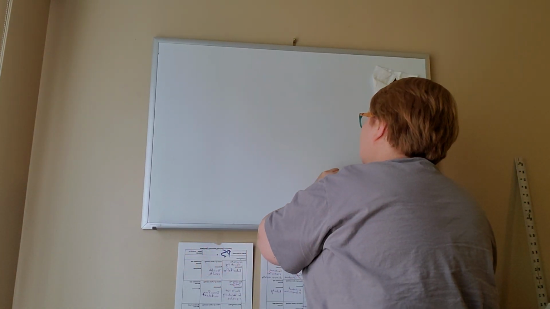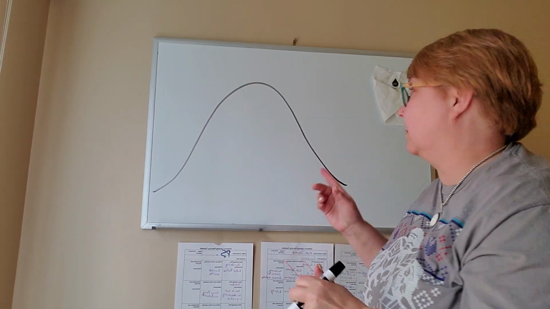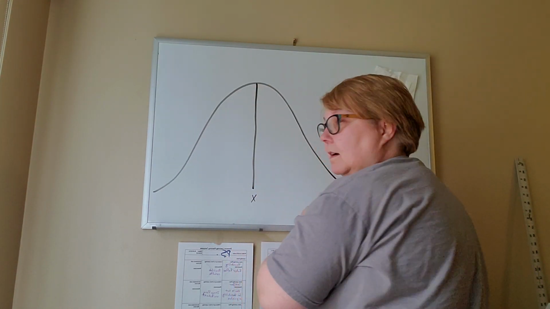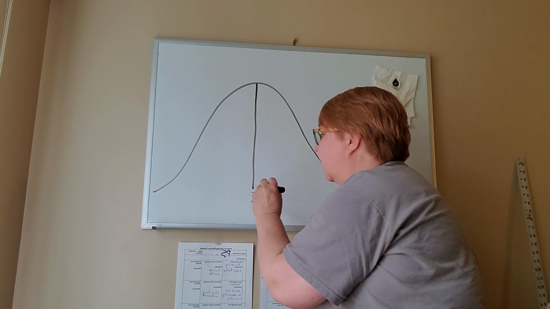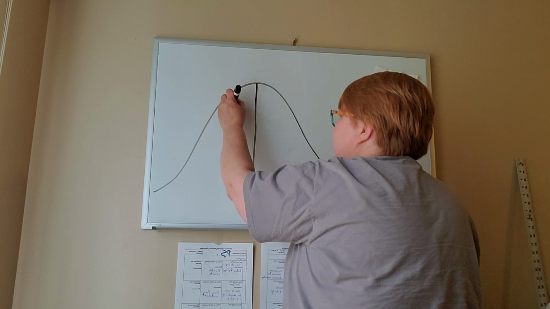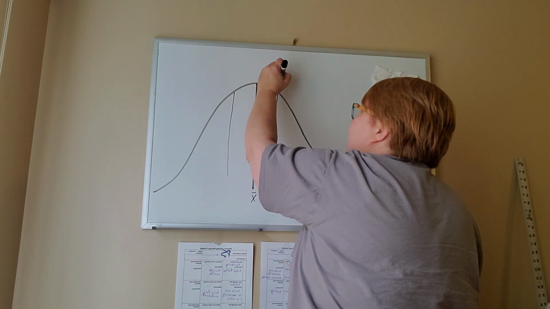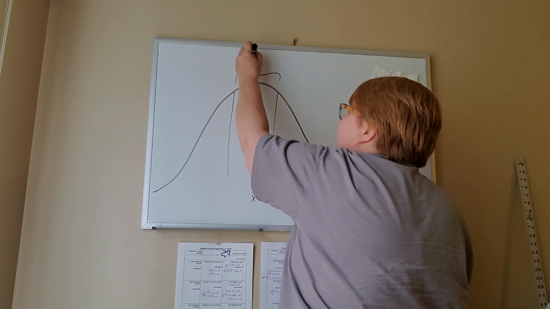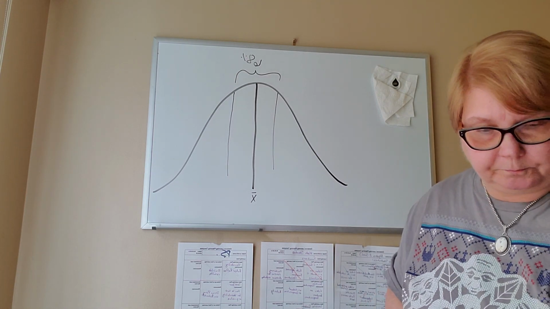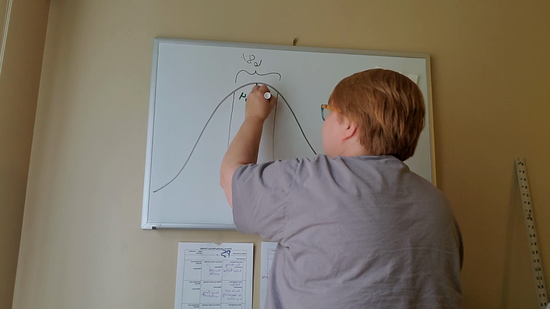So here's a normal curve. Lots of practice is what made me draw these very nicely. This is your mean, actually X bar is your mean. If I go one standard deviation up and one standard deviation down, there's 68% here, which using the symmetry means 34 here and 34 here.